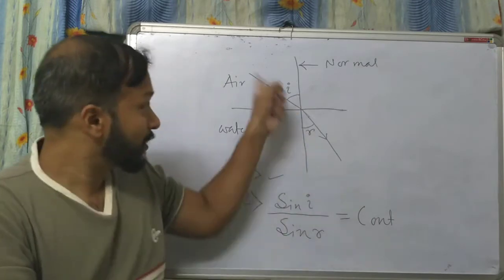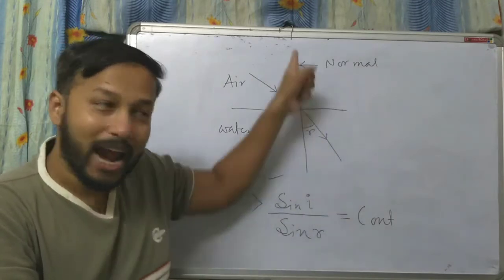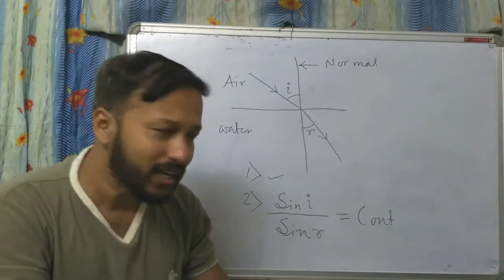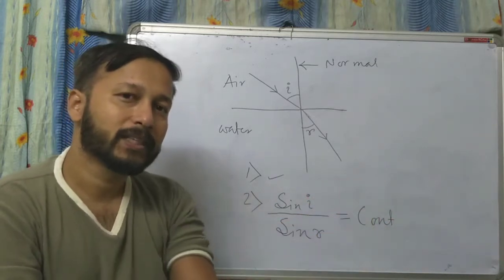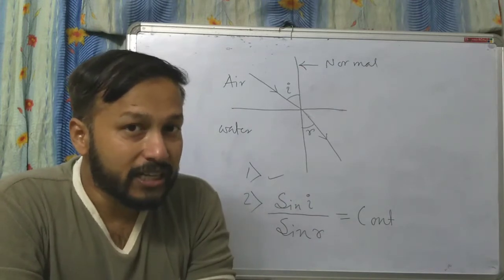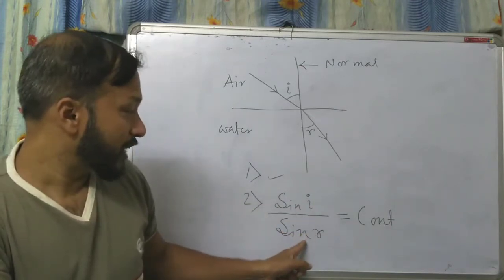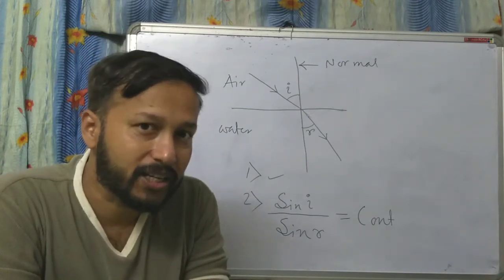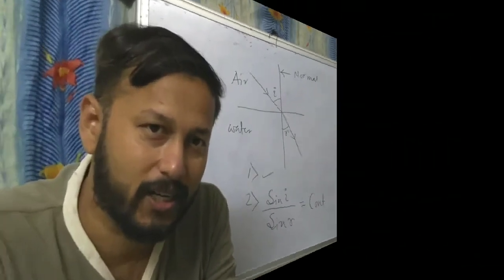The incident ray, refracted ray and normal all lie on the same plane. What is the same plane here? This whiteboard. And the second law: the ratio of the sine of the angle of incidence to the sine of the angle of refraction is constant. So both the laws are done.